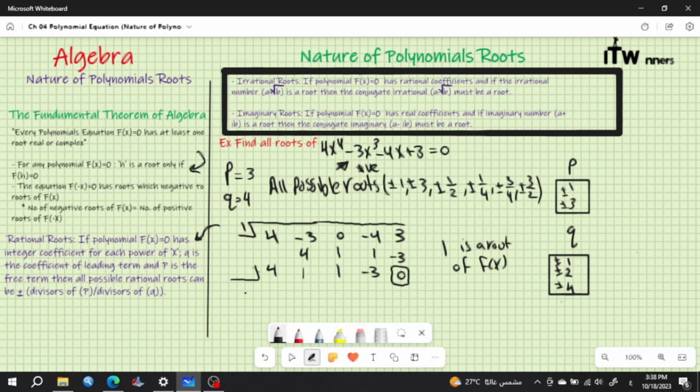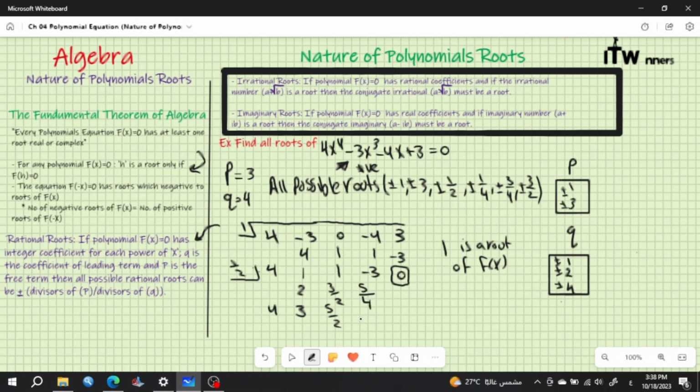Here we have 1 half. Here 4. 4 into half equal to 2. We have here 3. 3 into 1 half equal to 3 by 2. This equal to 5 by 2. 5 by 2 into 1 half equal to 5 by 4.